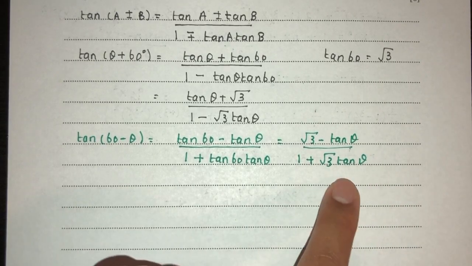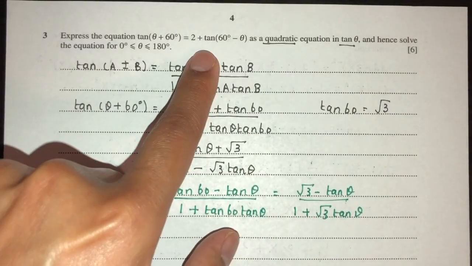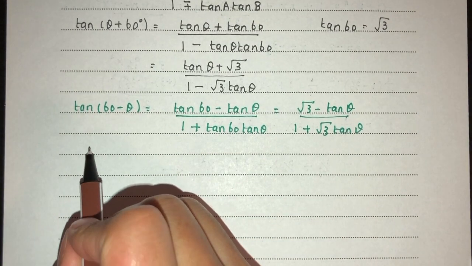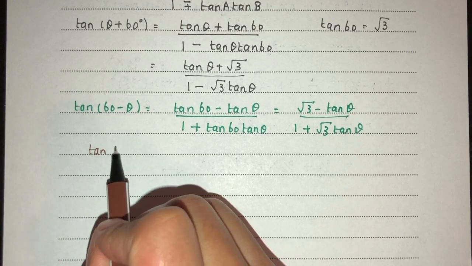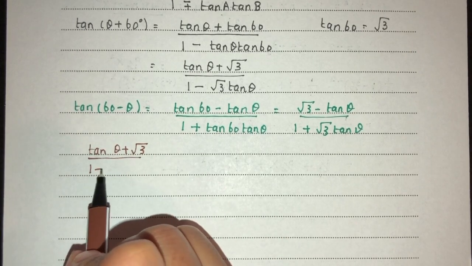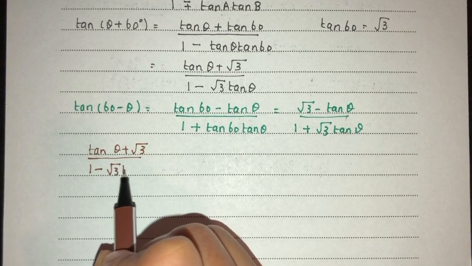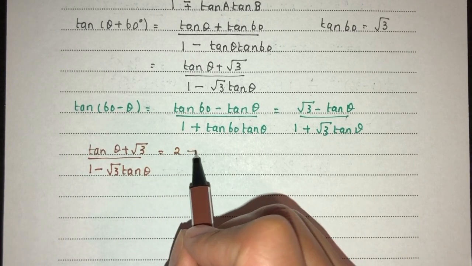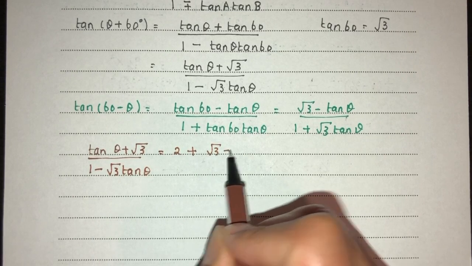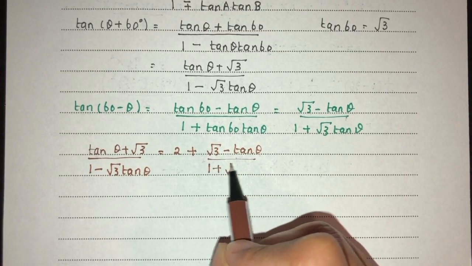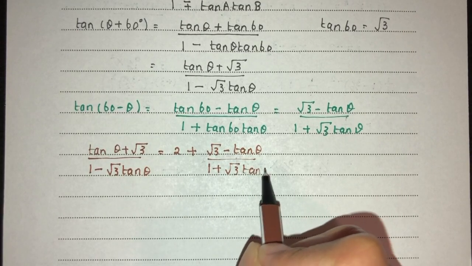Now once you have these two terms, you have to replace back in the equation. So on one side you will have tan of theta plus root 3 over 1 minus root 3 tan of theta is equal to 2 plus root 3 minus tan of theta over 1 plus root 3 tan of theta.